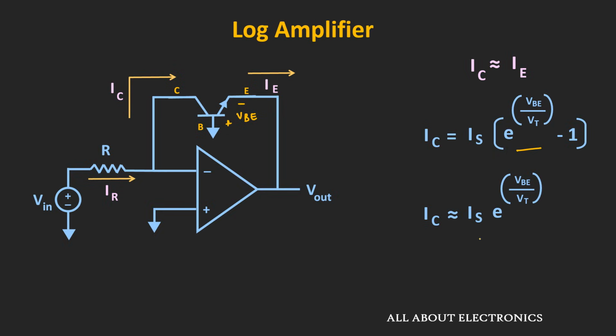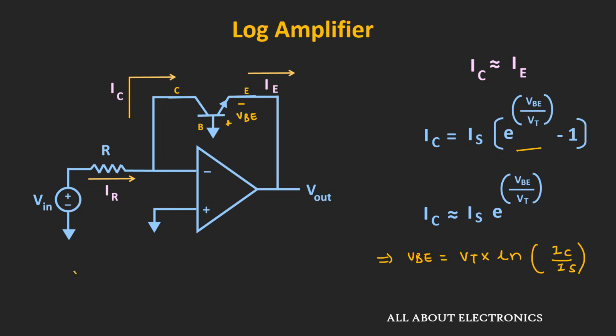Now from this expression we can easily find the relationship between the output voltage and the input voltage. So if we rearrange this expression, then we can write VBE is equal to Vt times ln IC divided by IS.